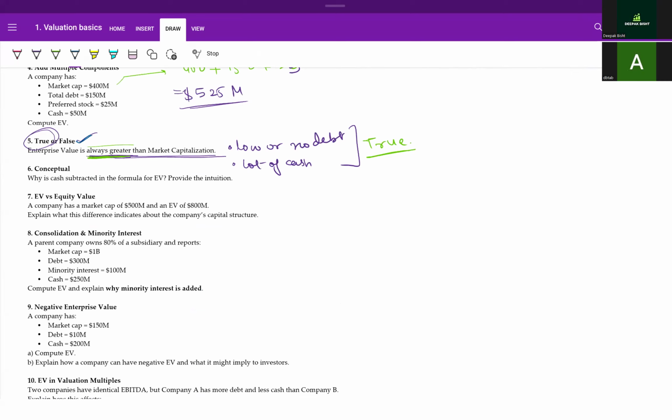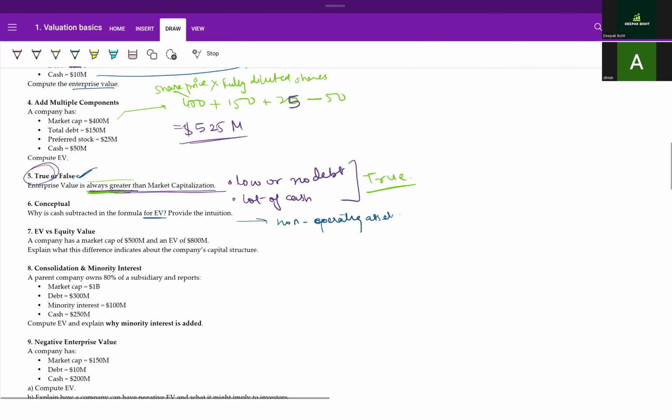Why is cash subtracted in the formula for enterprise value? Now let's understand this thing. Cash is actually a non-operating asset. When we are buying the business, we are only considering the operating assets.